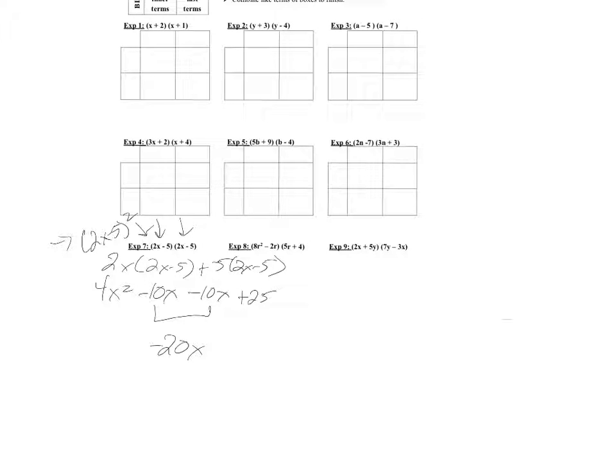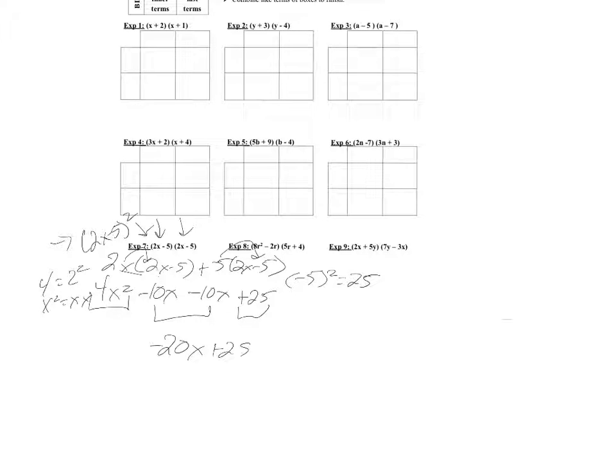Also notice that because our factors are identical, this first term, 2x times 2x, is a perfect square. 4 is a perfect square, and x squared is a perfect square. And then the same thing on our last term. Because we're doing negative 5 times negative 5, we're multiplying something times itself. So that's negative 5 squared. We end up with this perfect square.